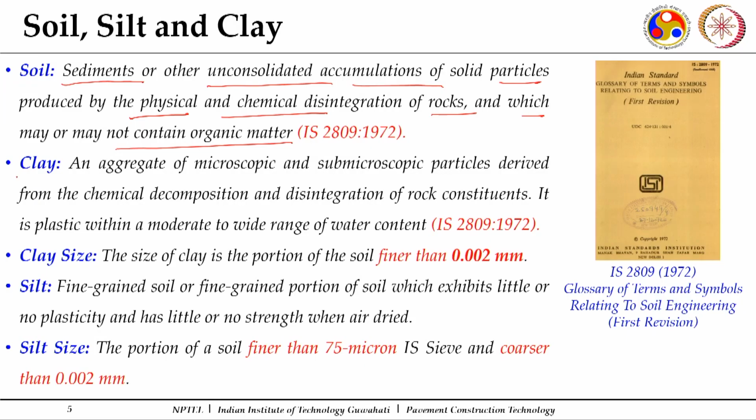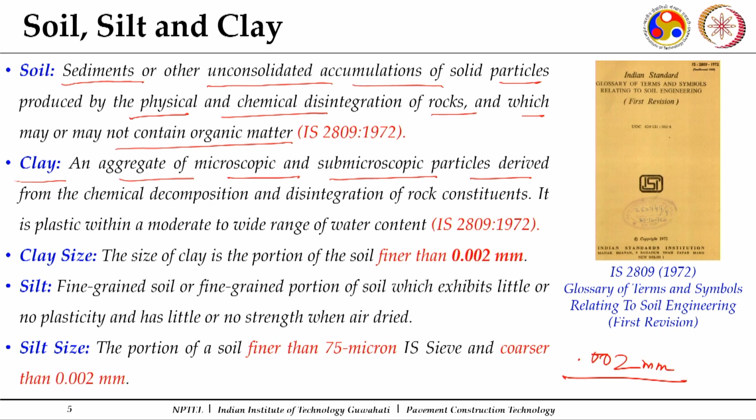Another term which is quite popular is clay soil. Again a type of soil, but which falls under the category of clay soil. What is that? Clay soil is an aggregate of microscopic and submicroscopic particles. Particles are very fine. When the particles are even finer than 2 microns, that comes out to be 0.002 mm, so this is less than 2 microns.